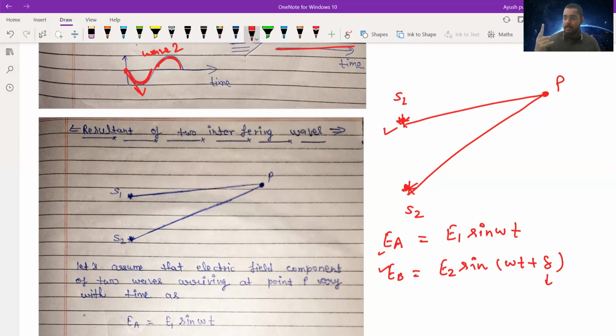If it is in phase, then we get the maximum amplitude. If it is out of phase, then we get zero amplitude, as we have seen right before.